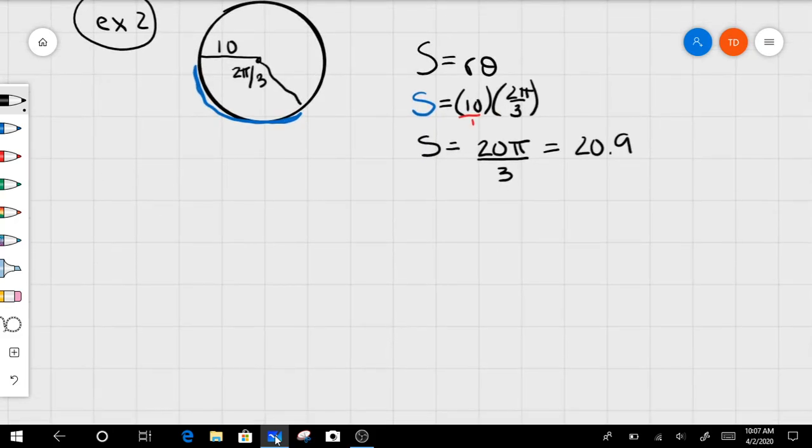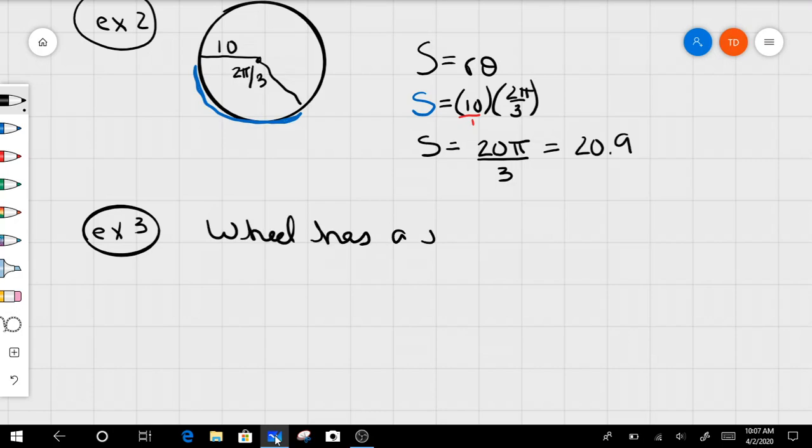All right, let's try one more example. Let's just say that you're given a wheel that has a radius of 27 inches.